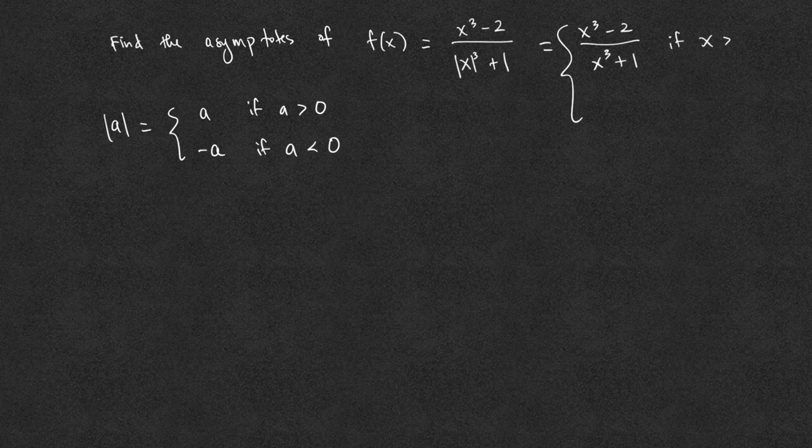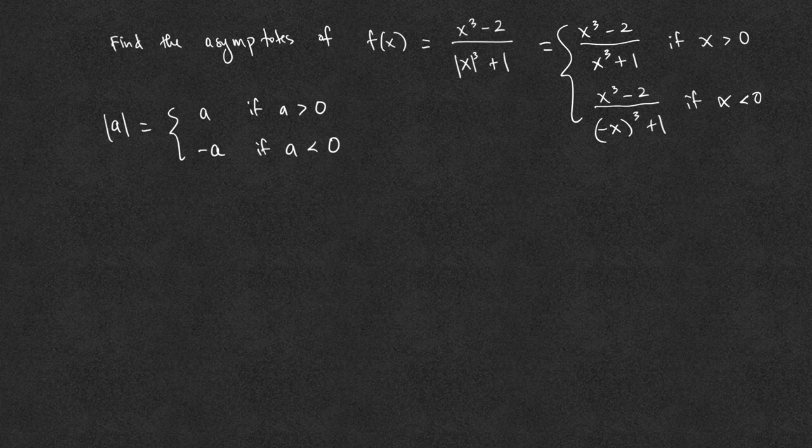x is positive. And if x is negative, then this function is x cubed minus 2 over, we replace the absolute value of x with minus x, if x is negative.